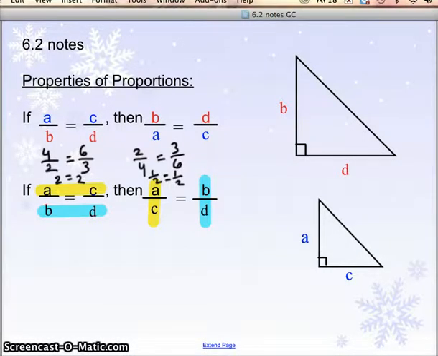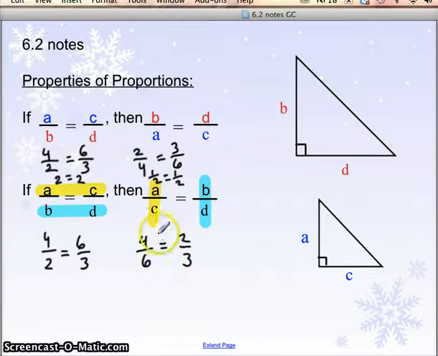So let's use the same numbers, and you'll see that it works. Again, 4 over 2 equals 6 over 3. Now, according to this property, 4 and 6 are going to be written vertically: 4 divided by 6. And 2 and 3 are going to be written vertically: 2 divided by 3.